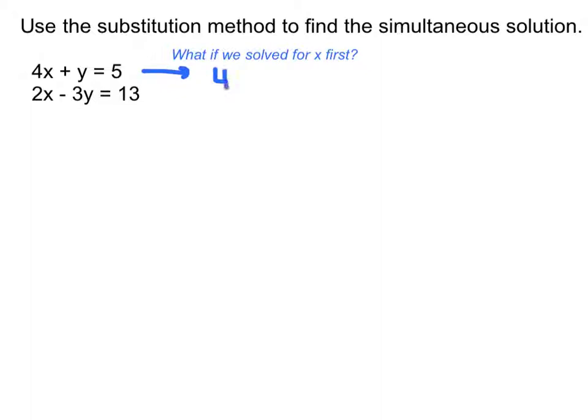We have 4x plus y equals 5. And if we had decided to solve for x, we would have had to subtract the y on both sides. So that would leave us with 4x equals 5 minus y.